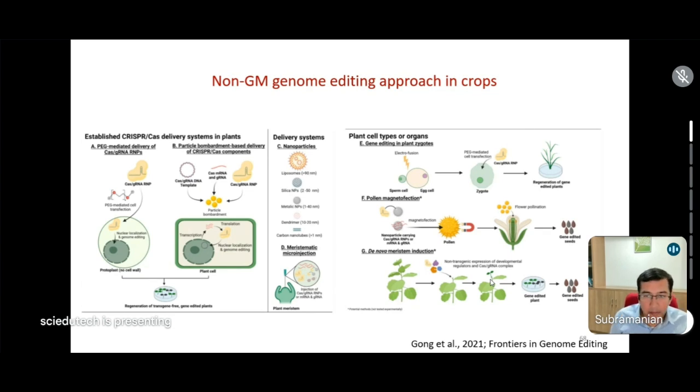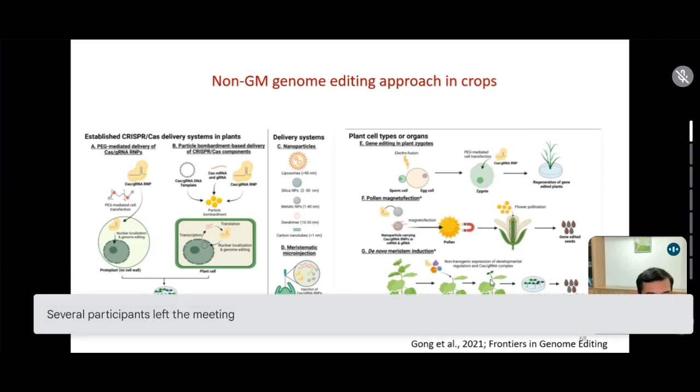CRISPR-Cas9, you must have heard, is a popular technique used these days to engineer plants which are non-GMO. You can make precise mutations in the plant DNA using the CRISPR-Cas system, right? Again, when you do the CRISPR-Cas system, you can have different methods of transformation. You can transform protoplasts, that is cells with no cell wall, using PEG-mediated delivery.